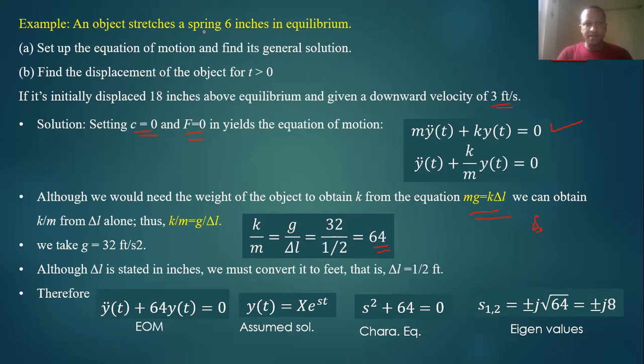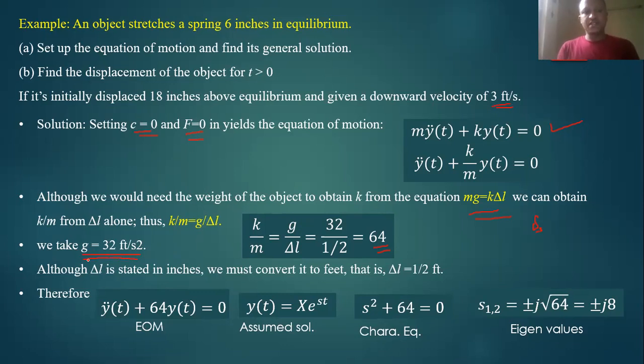From the given parameters, we have this. What we must consider here is the g value in feet per second square. This is the gravitational constant, which is 32 in feet per second square instead of 9.81 in the metric system.